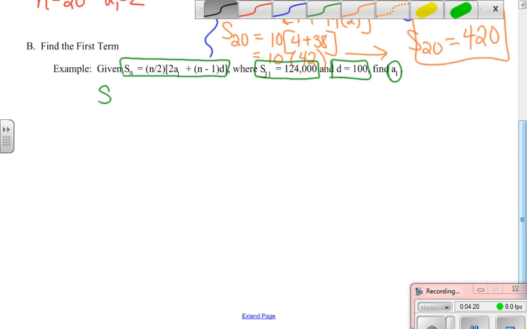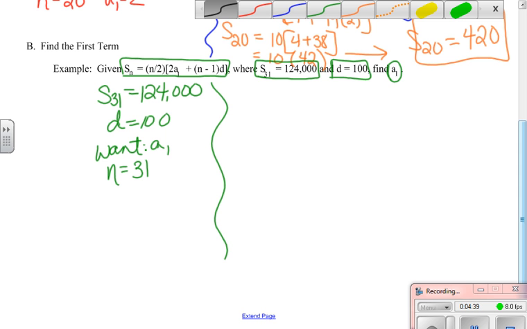So the sum of 31, what do I know? I know that D is 100, and I want A1. If I know S of 31, that really means that n is 31. So I can go ahead and make my substitution. So S of n, my sum, is 124,000.